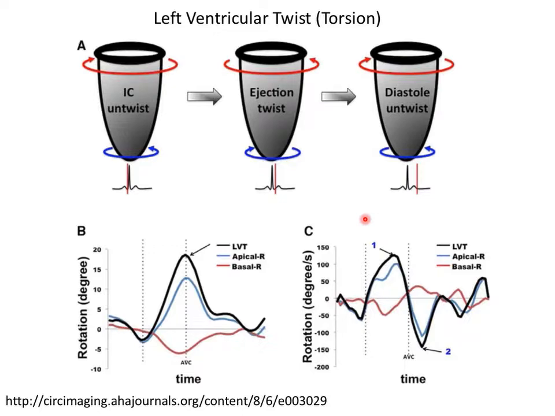So the heart, in addition to shortening, is actually doing this torsion motion. And that torsion motion is indicative of normal function. If you lose that torsion motion, something's going wrong.